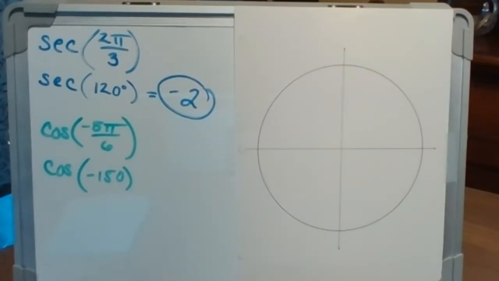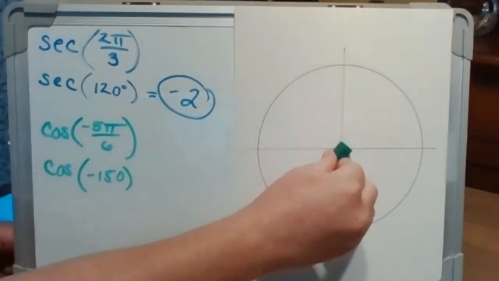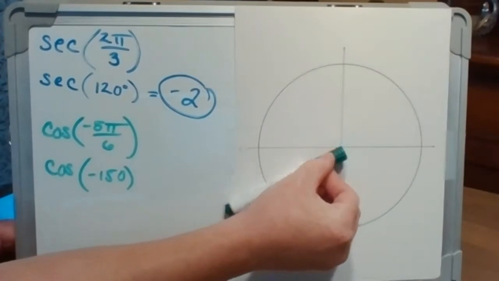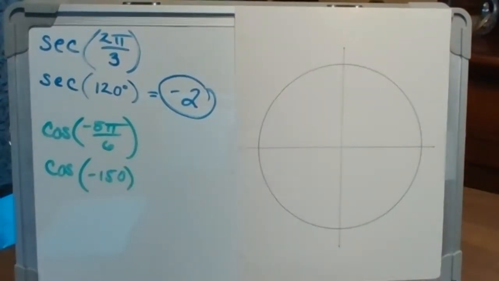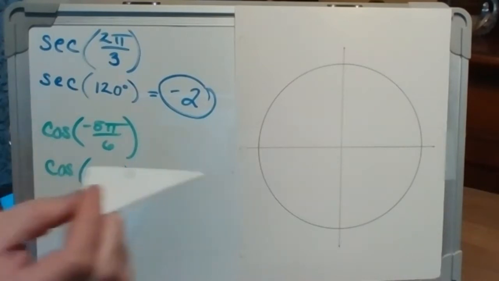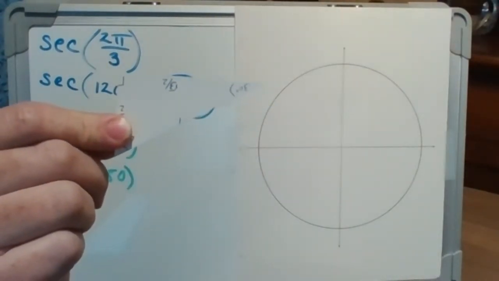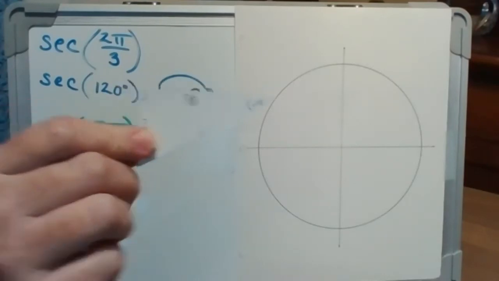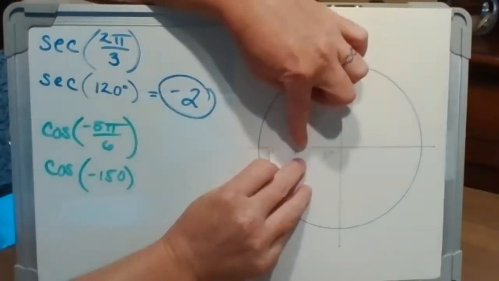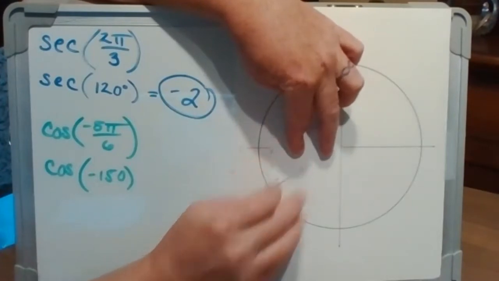That's going to put us in quadrant 3. And we need to figure out our reference angle. What's our reference angle going to be? 30. So we're taking our triangle and making sure that the 30 is at the origin and the right angle is on the x-axis. So it's going to be right here.